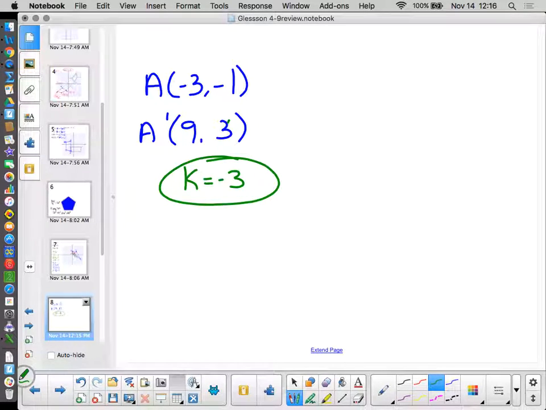Because I can tell I multiplied them both by the same number. Now, it's important that K equals -3 and not -1/3. I know this is the original and this is the image. So it's important to note that. 16 was a little tougher because there's two things going on there, not just the dilation.